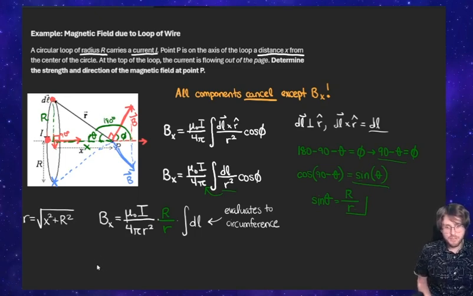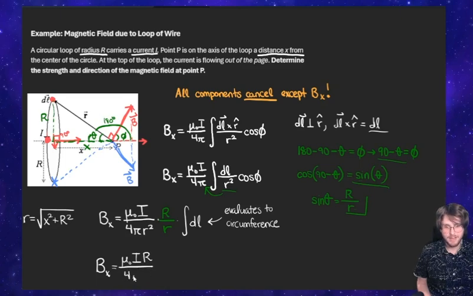So evaluating this, we can start to get to our final answer here, which is going to be mu naught I, let's say R in this case, divided by 4 pi r cubed times whatever our integral evaluates to, which in this case would be 2 times pi times the radius of the circle, big R. And of course, we can do some final rearrangements here and plug in all of our known information.